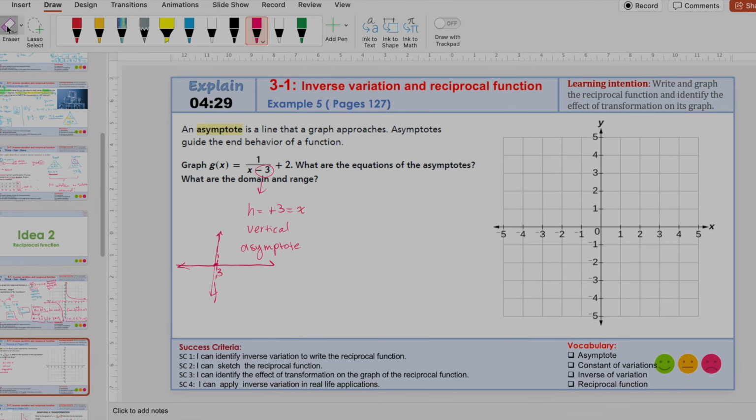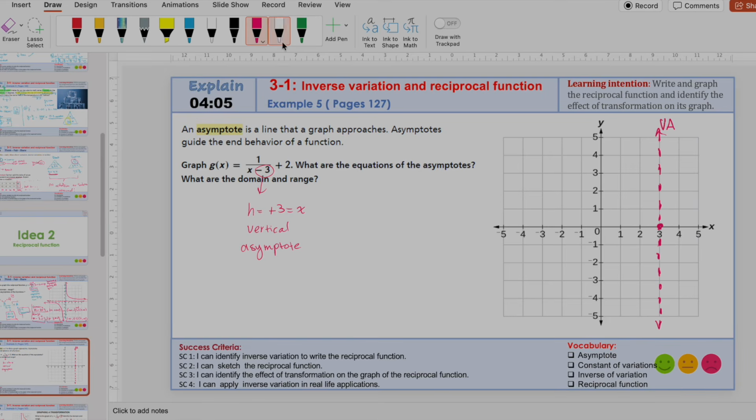Anyways, let's graph it instead of just doing it here on the side. So we will have a vertical line cutting the x-axis at 3. This is my x-axis. This is 3. I'm going to have an invisible vertical line passing through this number. That's my vertical asymptote.